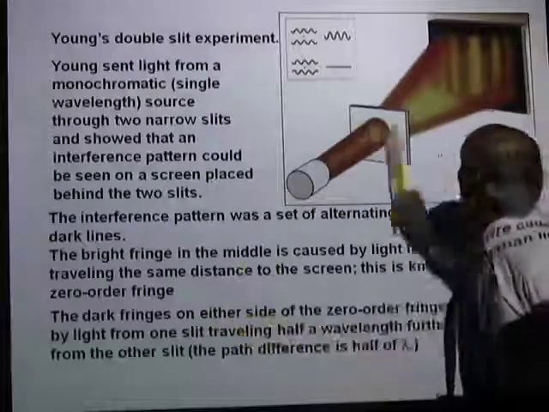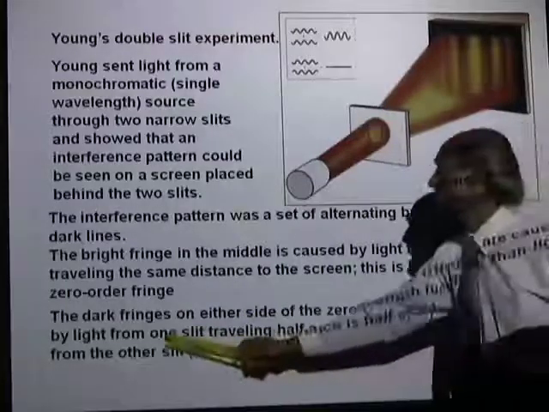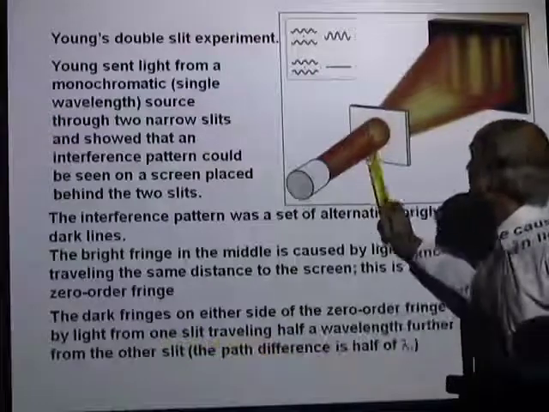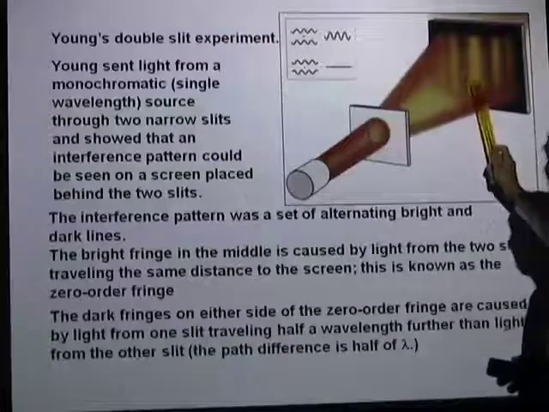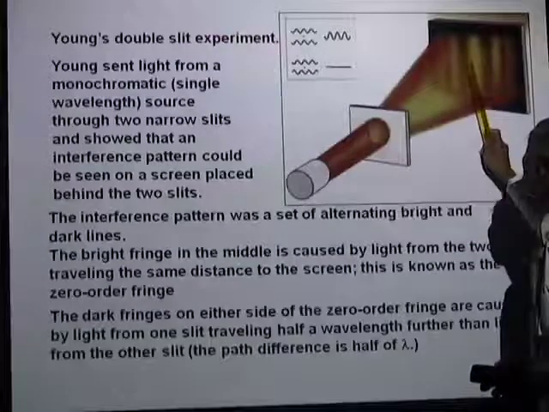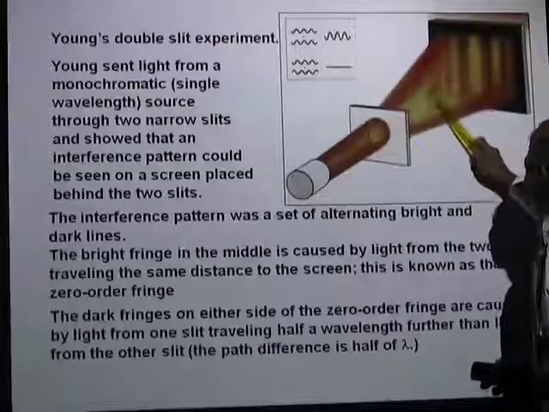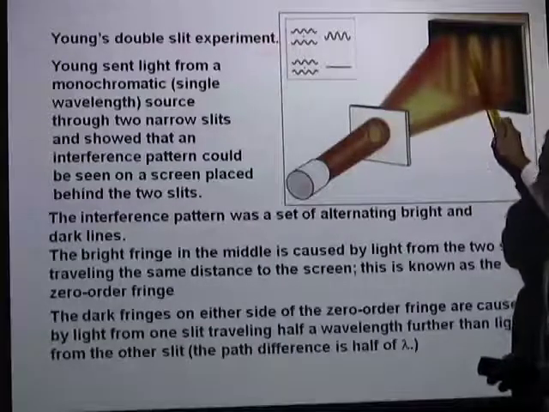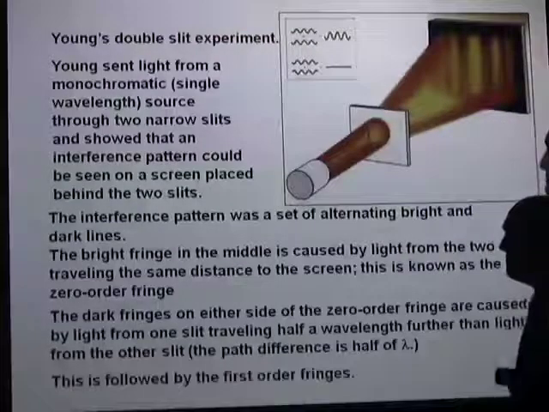The dark fringes on either side of the zero order are caused by light from one slit traveling half a wavelength more than the light from the other. That means light from one slit meeting with light from the other will be out of phase there, producing a dark fringe.